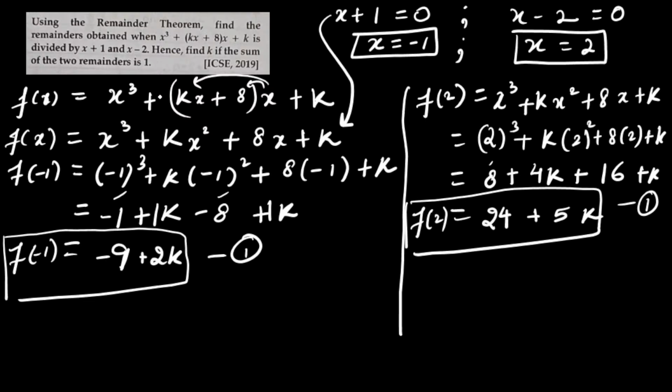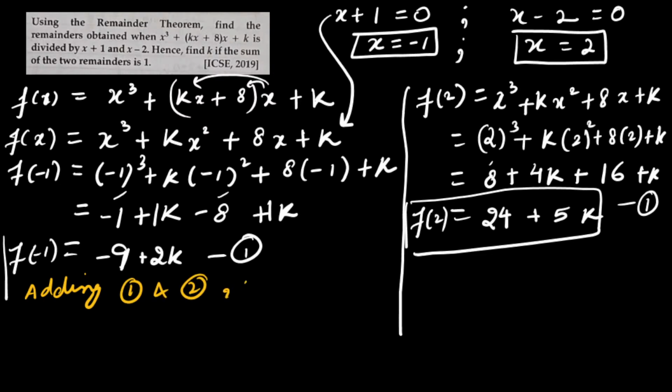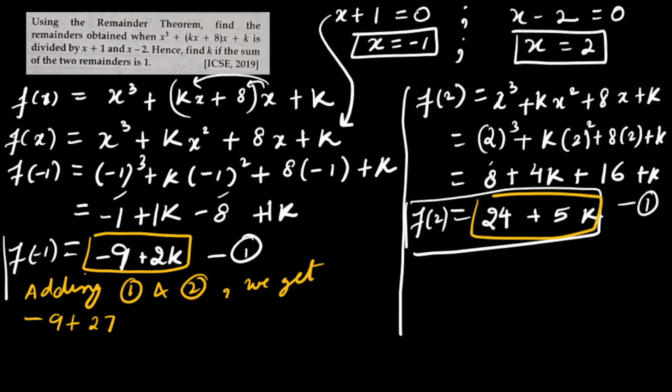So the two remainders we have found, and I'll just do their addition now. Their sum is given as 1, so we have to add the first and second remainders. Minus 9 plus 2k is the first remainder, and 24 plus 5k is the second.